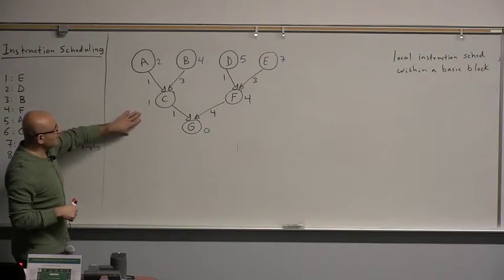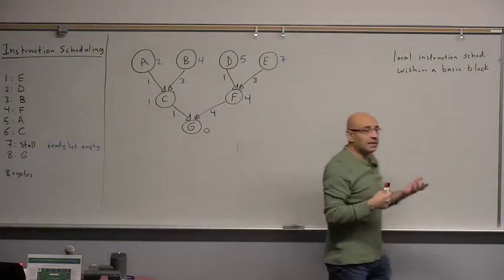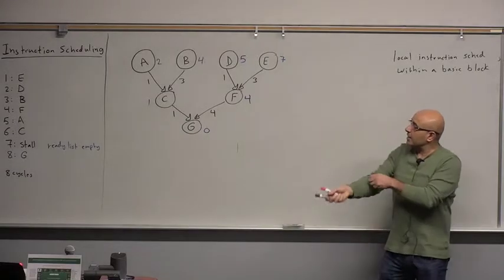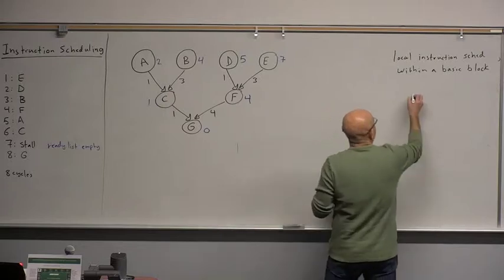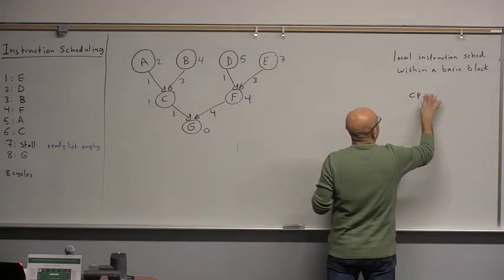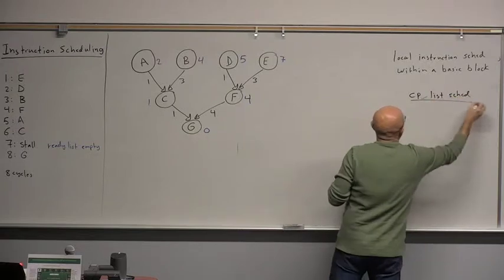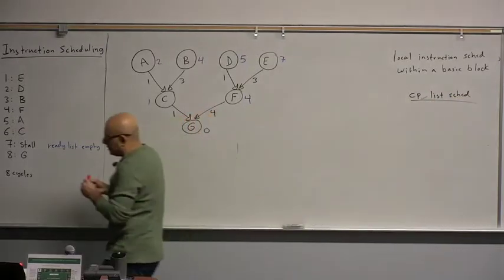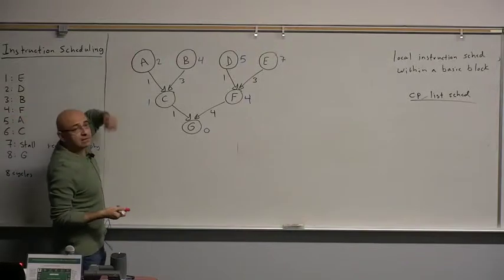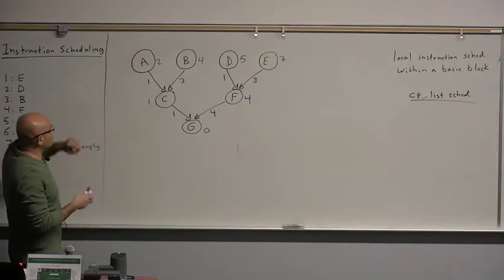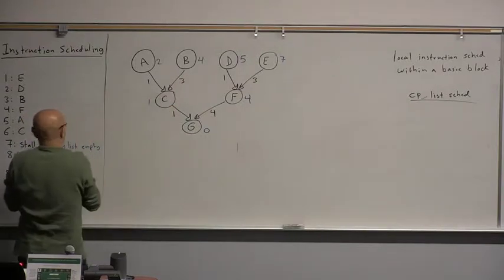So we did this last time, and we started discussing the algorithmic details. So now we understand the concept behind this critical path list scheduling. And now we would like to understand the details. And one of the details is the notion of the dependent count for each instruction or for each node in this graph.